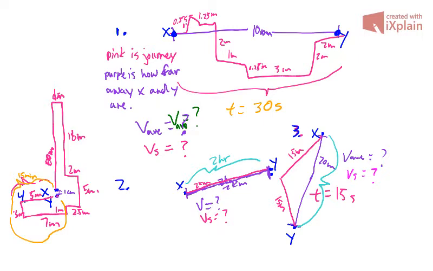And last one, number 5. X is the starting point and the ending point. So in the purple, well, I guess there is no purple because X is the starting and ending point. But for the pink, okay, and we'll make this a kilometer, and we'll say the journey took, I don't know, 20 minutes.